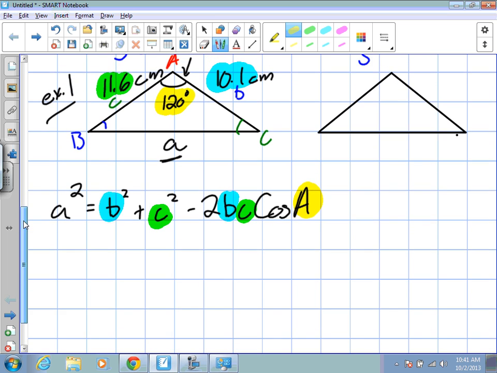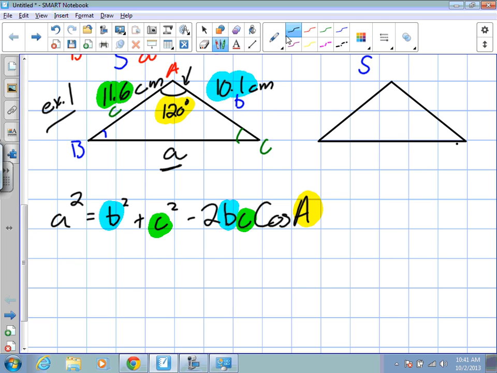Cosine law, once you have the formula, is just substitution, plugging numbers into our unknown variable. So we're looking for A squared is equal to, what is B? 10.1, it'll have to be squared, plus what is C? 11.6 squared. Minus 2 times, what was B again? Good. Times C, which is 11.6.